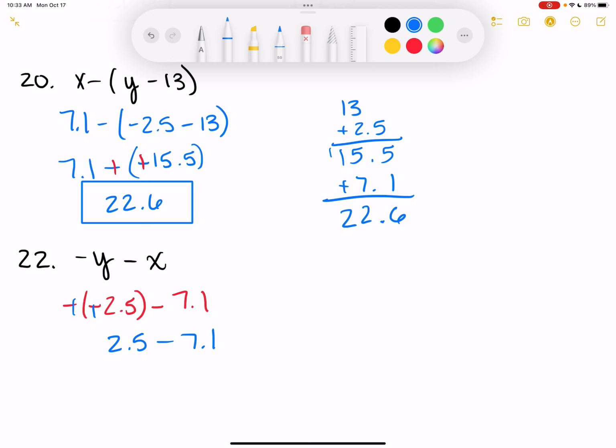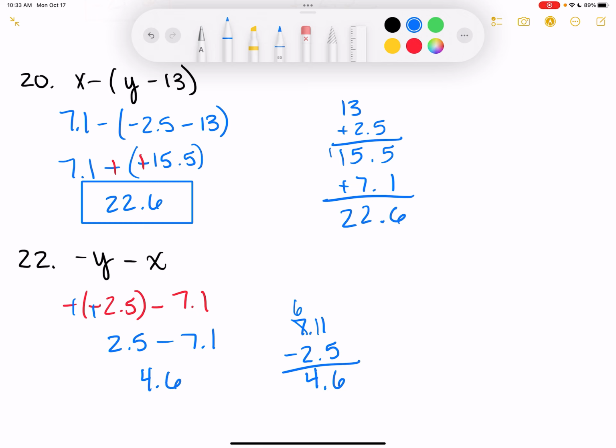Do a higher number, 7.1 minus 2.5. So, gotta borrow. 11 minus 5 is 6. Bring down the decimal point. 6 minus 2 is 4. So it's 4.6. But what sign goes on it?